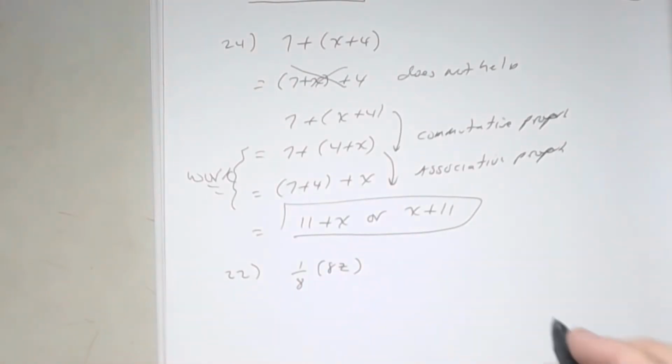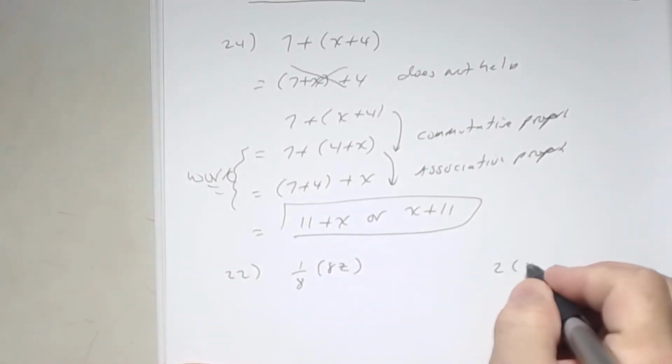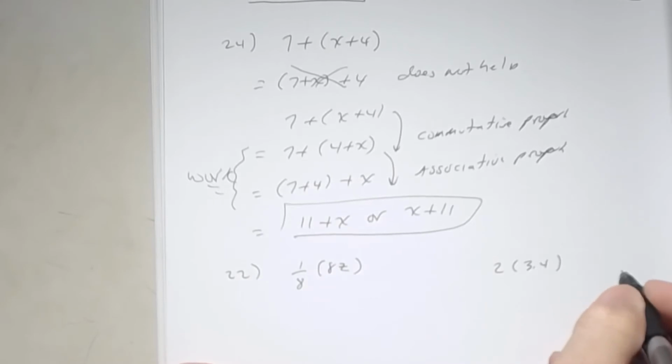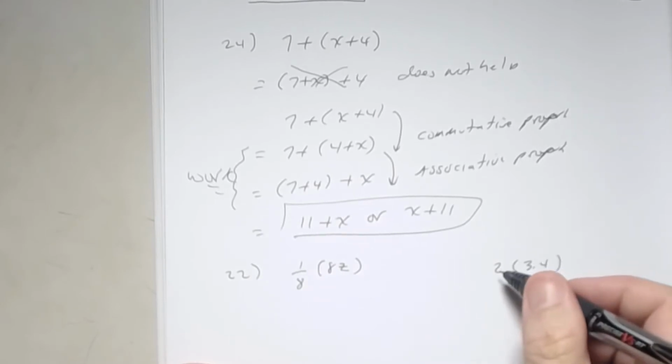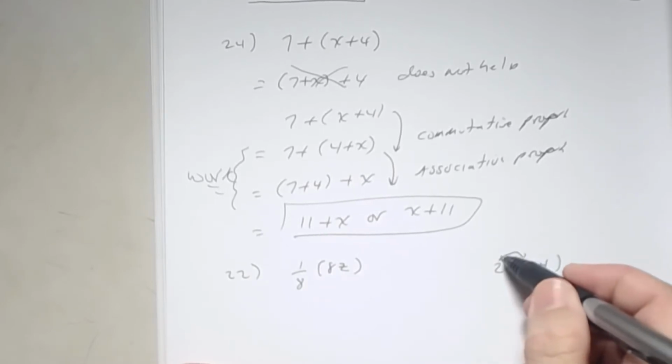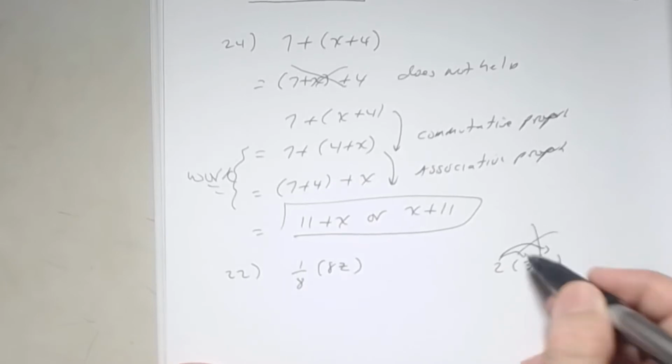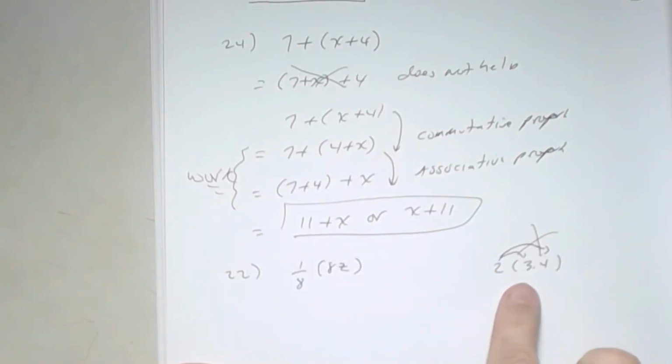I want you to think about this. If I have 2 times 3 times 4, okay? Don't say the distributive property. Don't say 2 times 3 and then what? 2 times 4. That's incorrect because you know the answer is going to be 3 times 4, which is what? 12, and 12 times 2 is 24. If you distribute wrongly, you're saying 6 times 8, which is, when we bring out the times tables, 48.